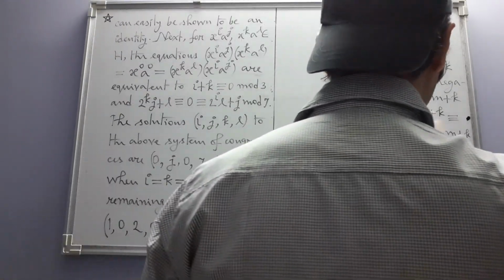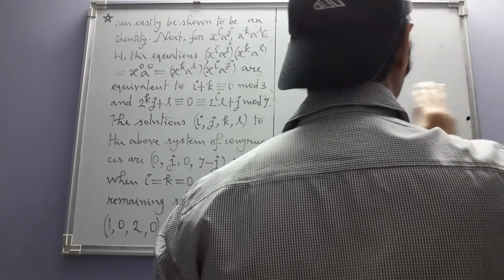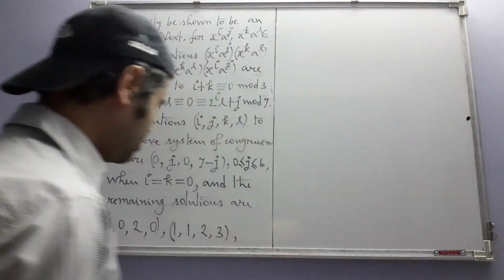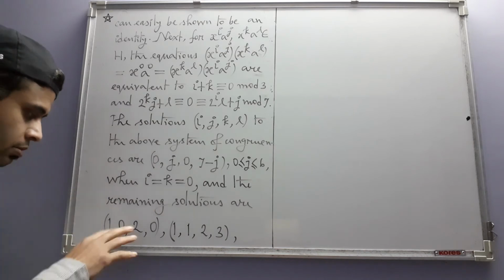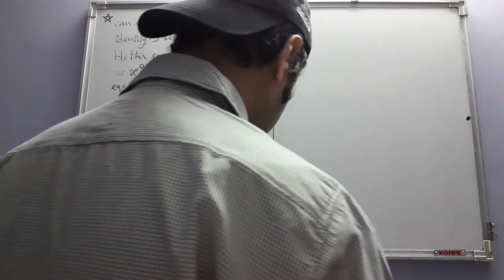In these remaining solutions, i and k are not simultaneously 0. One of them may be 0. For example, okay, we haven't written that here yet.